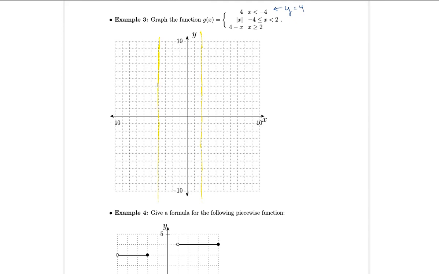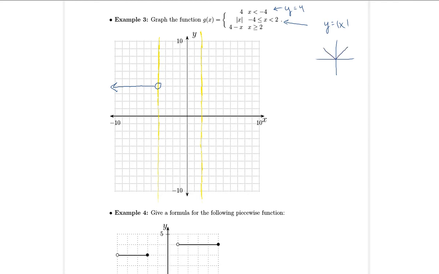So I'm going to go up to y equals 4. It's a strict inequality here, so I'm going to put an open circle and then I'm going to go this way with it. So I know what that looks like. Now the absolute value of x, remember that y equals the absolute value of x looks like this.